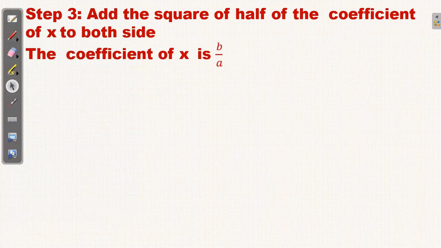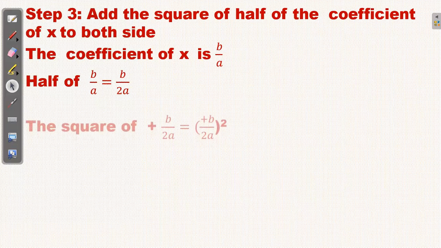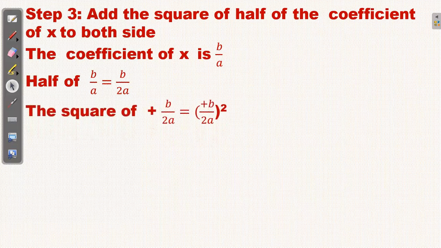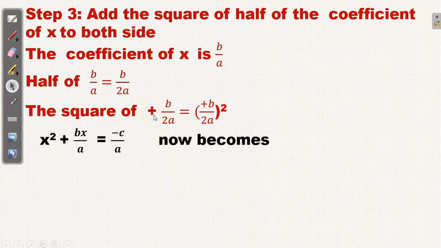Now, step 3. Add half of the square of the coefficient of x to both sides. The coefficient of x is b over a. So half of b over a gives b over 2a. Now the square of b over 2a is b over 2a all squared. We have to consider the sign in front of it. In this case, we have plus.